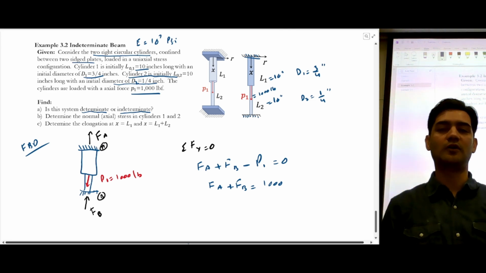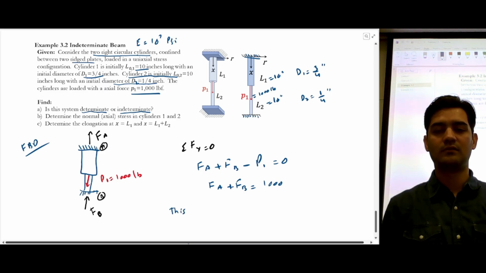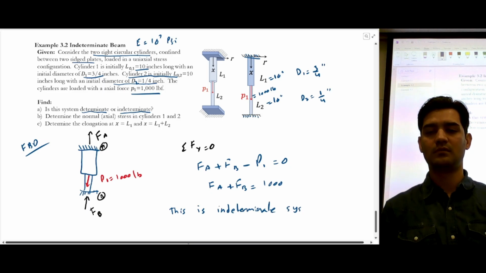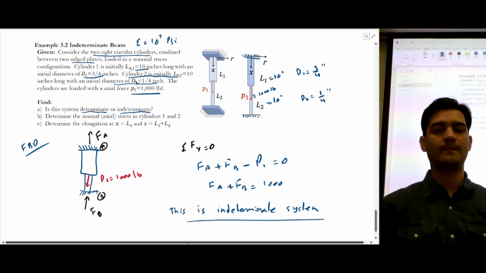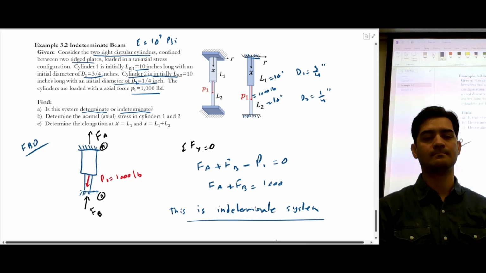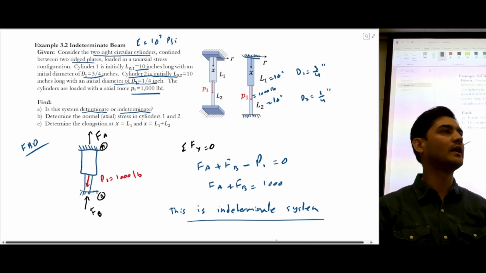Since you cannot solve the reaction loads, this is an indeterminate system. It makes sense why it is an indeterminate system.